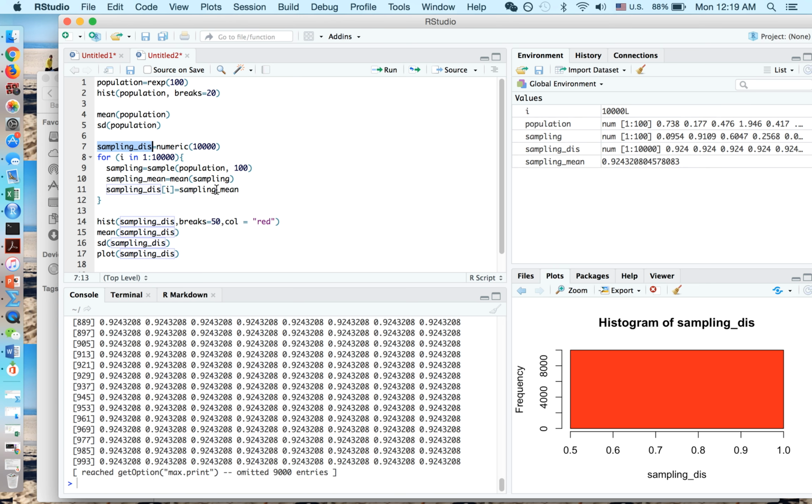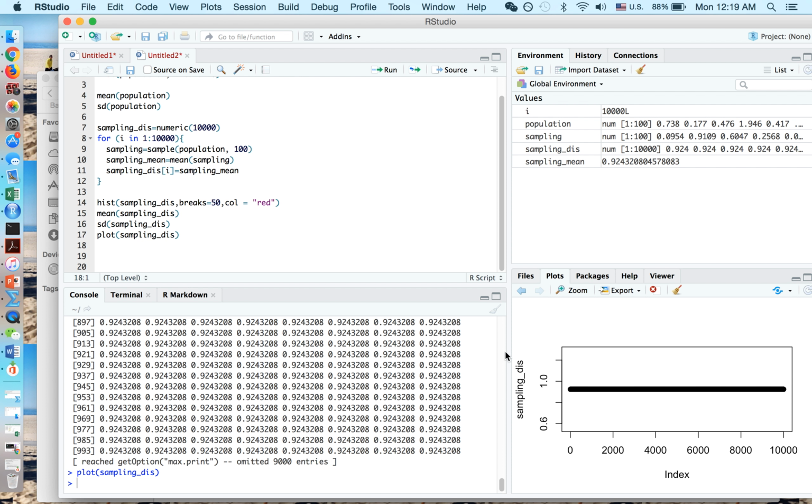Because according to the law of large numbers, if you have a fairly big sample size, your sample mean is going to be pretty close to your population mean anyway. So in the end, you're going to end up with something like a straight line. If you plot all the values, it's pretty constant.